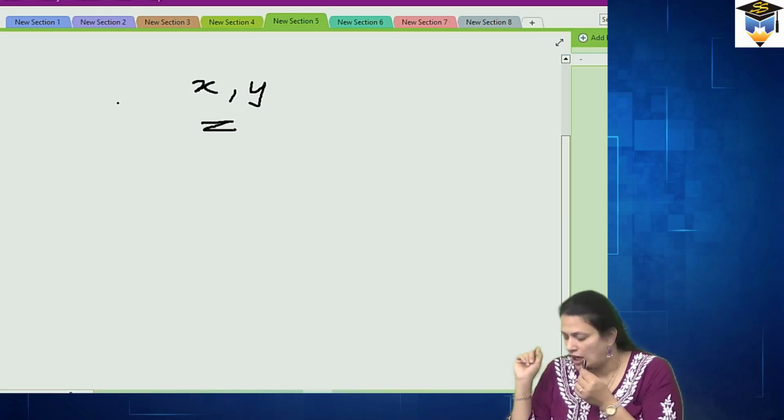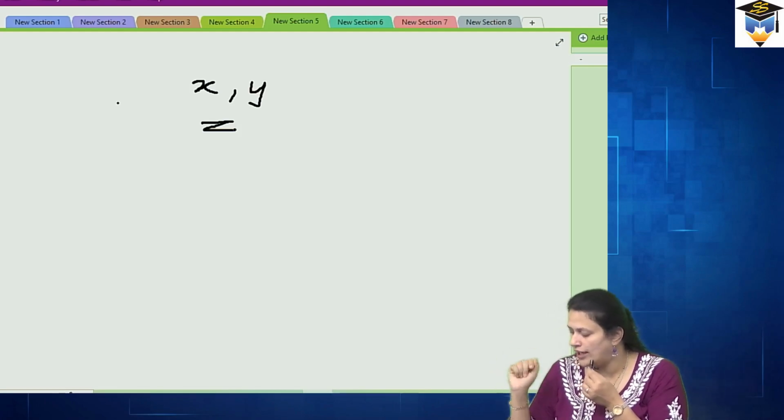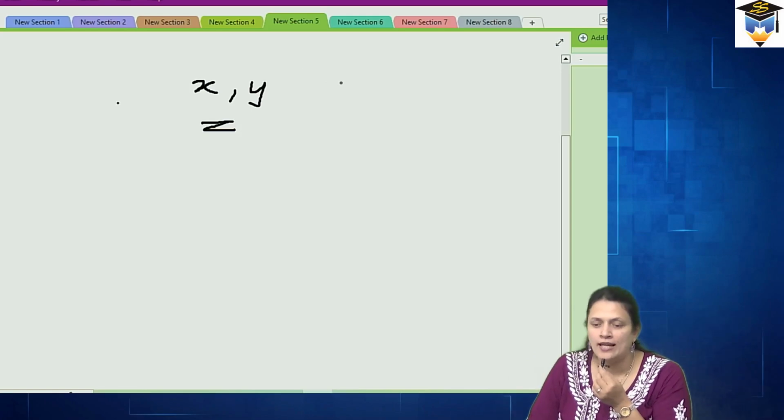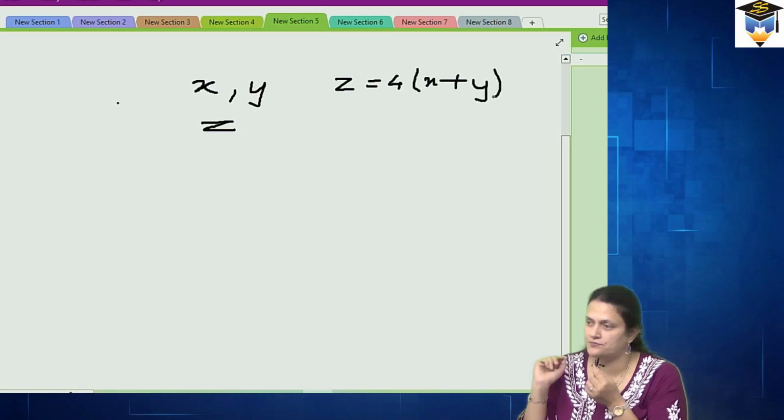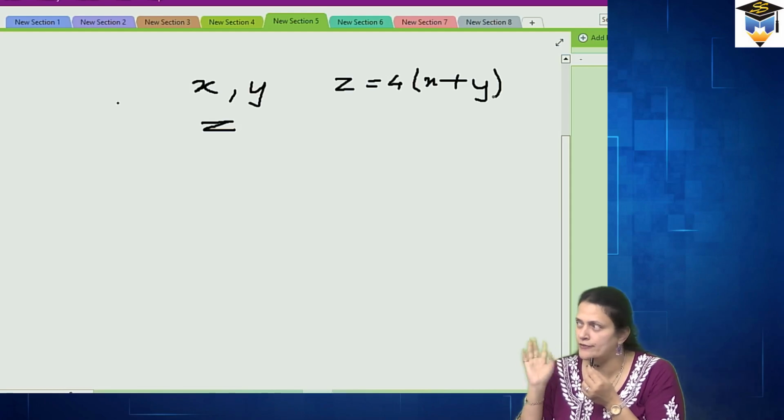So according to the given condition, the age of a man is 4 times the sum of the ages of his 2 sons. So can I form this condition? z is equal to 4 times the sum of the ages of his 2 sons. This condition is given to us.